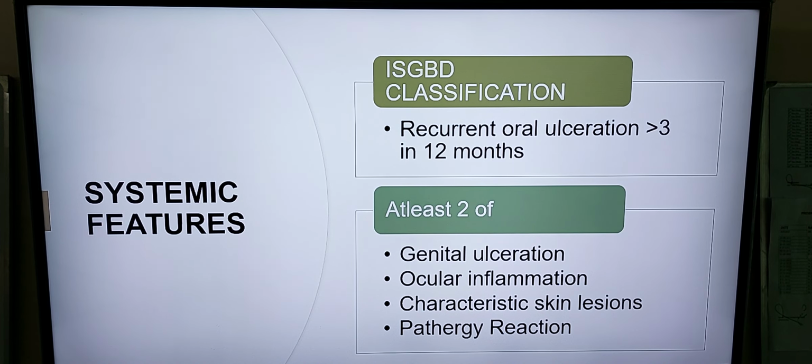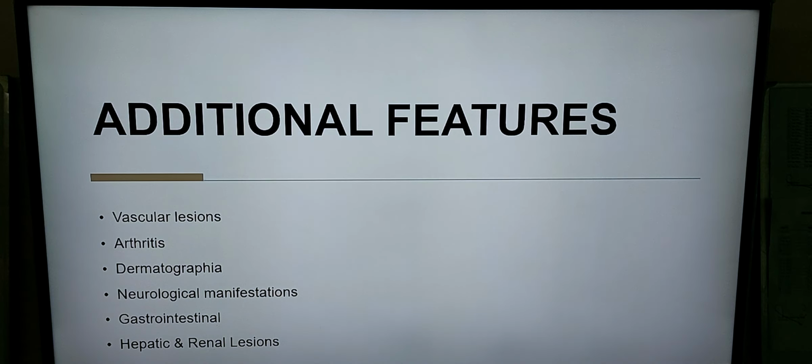Recurrent oral ulceration three or more times in the last 12 months, that should be associated with at least two of these four conditions: genital ulceration, ocular inflammation that can be a panuveitic appearance or just anterior, intermediate or posterior uveitis, characteristic skin lesions such as erythema nodosum, pseudofolliculitis, papulopustular lesions, and then the pathergy reaction. We will discuss it further in the presentation.